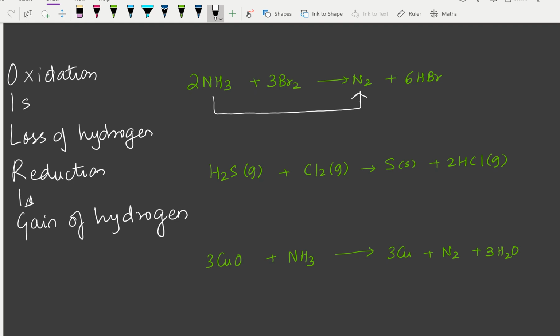Clearly you can see the hydrogen disappeared from ammonia, so this is loss of hydrogen and therefore it is an example of oxidation. Similarly, when you look at Br2 and HBr, now there is a hydrogen connected to bromine and therefore it is gain of hydrogen and therefore it is reduction. So Br2 is getting reduced and NH3 is getting oxidized. So this is oxidation reduction.